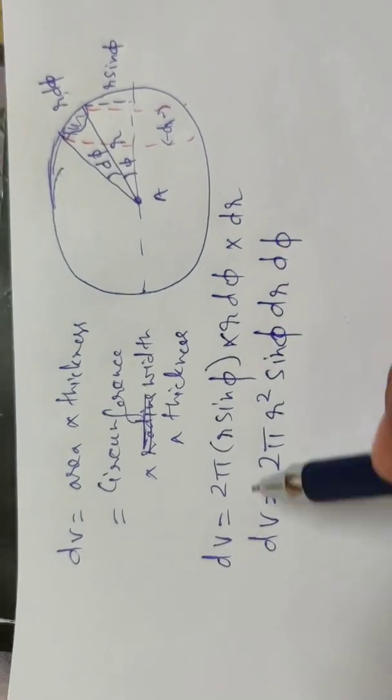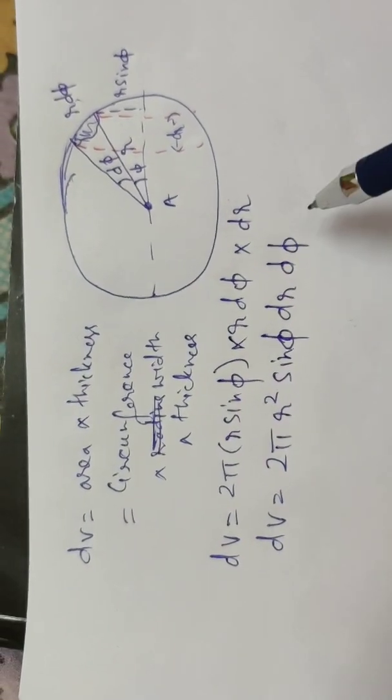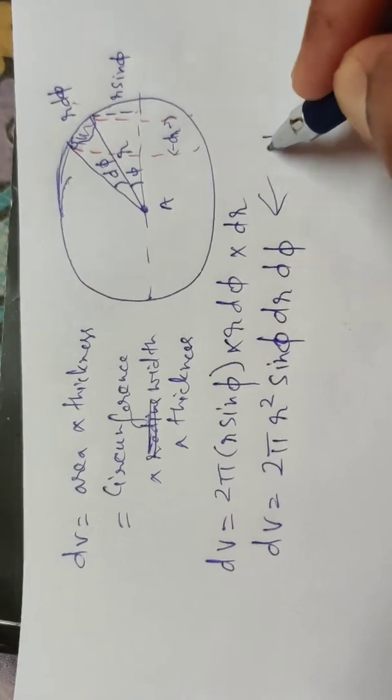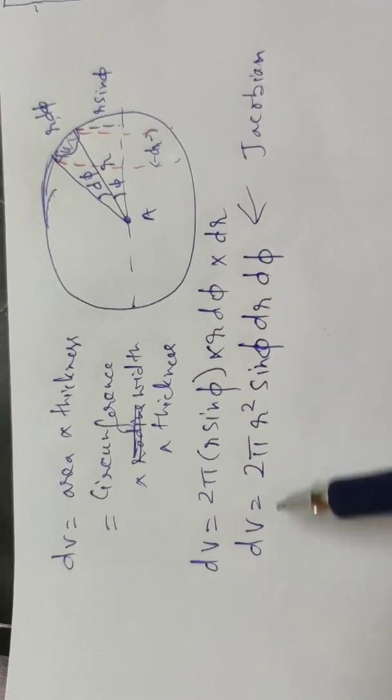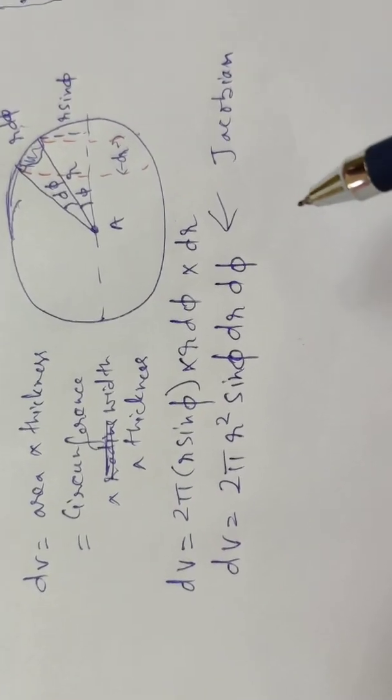This is the volume element in spherical polar coordinates, also known as the Jacobian.